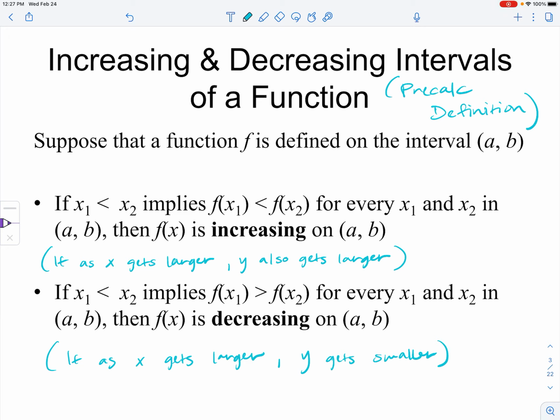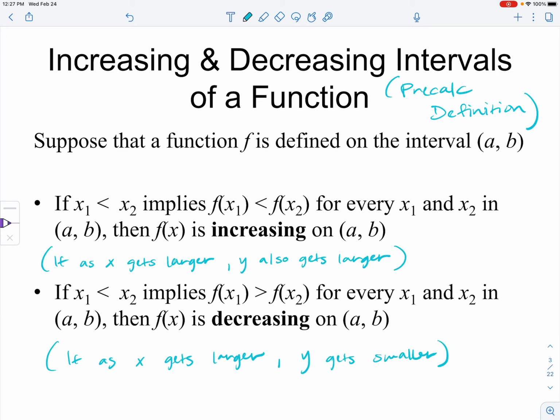And if as x was getting larger, the y values were getting smaller, then you said the function was decreasing. Now, if as x was getting larger, the y values were staying the same, that meant that the function was staying constant, and we said it was neither increasing nor decreasing.